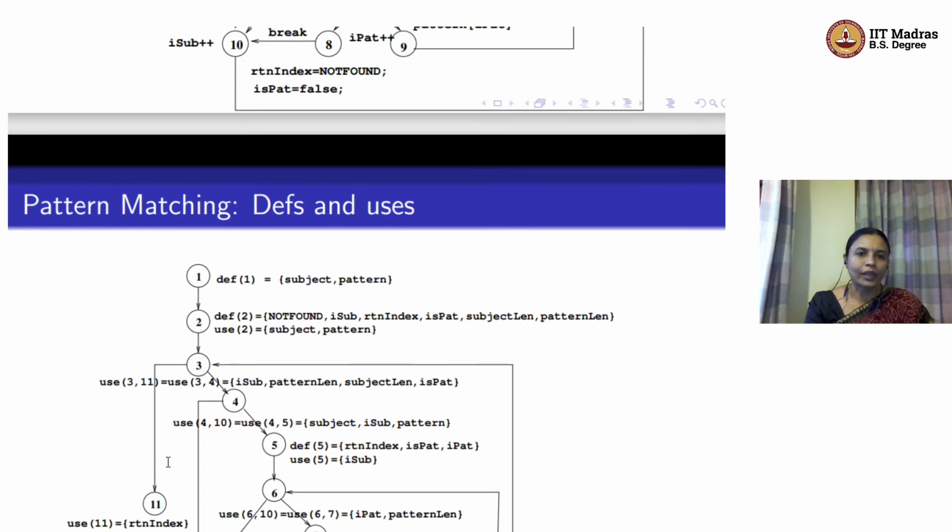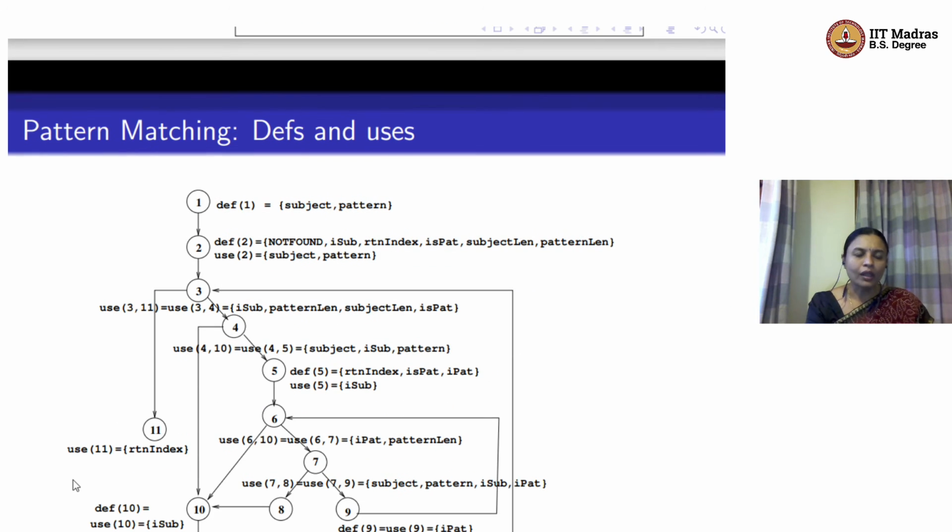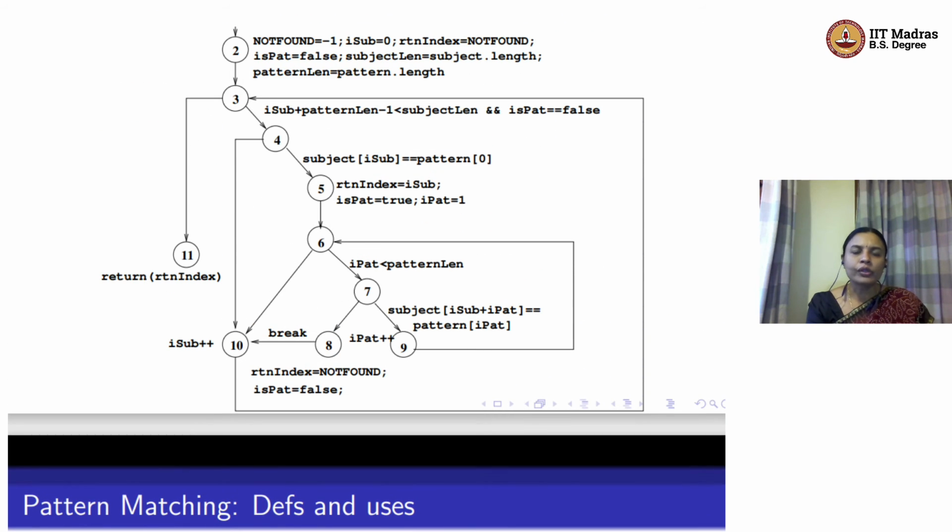At node 11, return index is returned. So at node 11, return index is used. Use of 11 is return index. Similarly, for use of edges, if you see this edge that marks the beginning of the while loop, edge 3, 4, this is the predicate that is checked for being true or false.